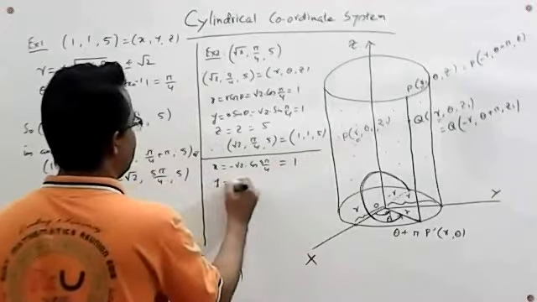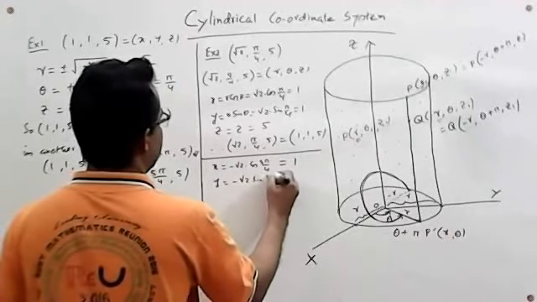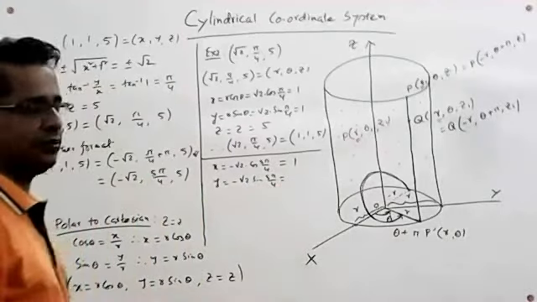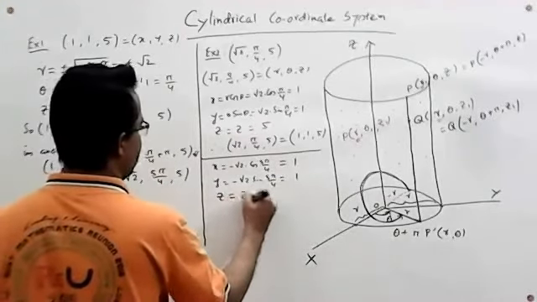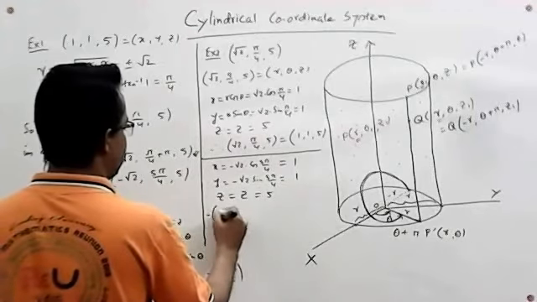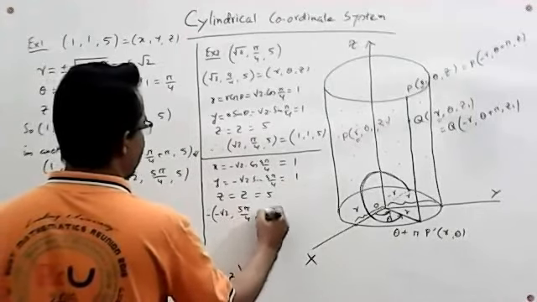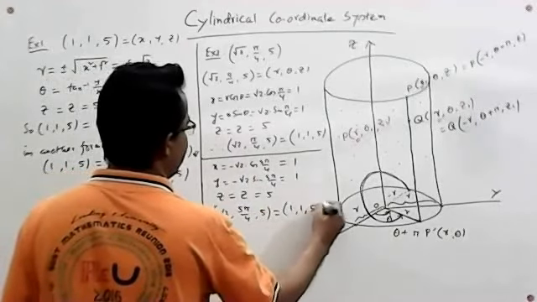And y equals r sin 5 pi by 4. We also know that sin 5 pi by 4 is minus 1 by root 2. So this result is 1. And z equals 5. So minus root 2, 5 pi by 4, 5 will also give 1, 1, 5.